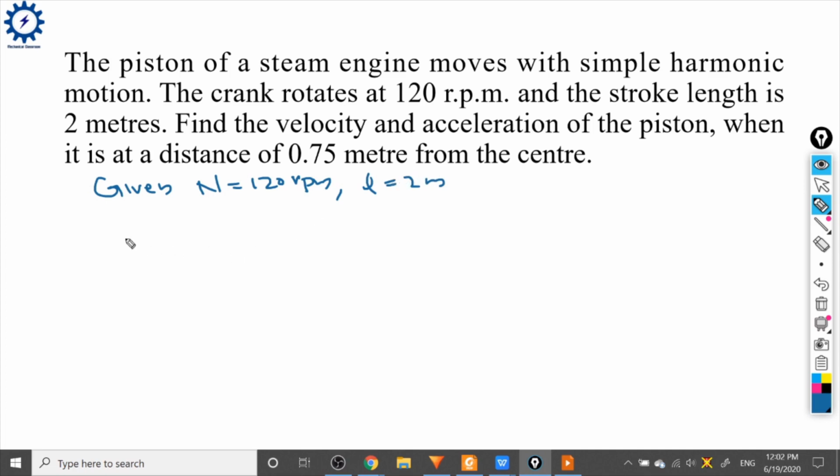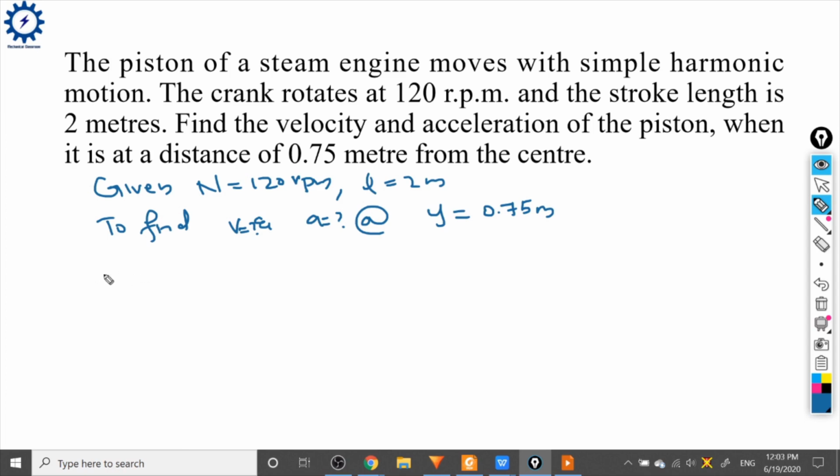Okay, we have to find out velocity and acceleration of piston at y equal to a distance 0.75 meter, to find V and A. For this we need to determine angular velocity first, as we did in the last case.